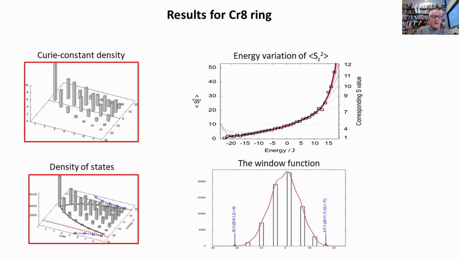Okay, how does this now work for the energy variation of SZ squared? You see, from this system with the ring of 8 chromium ions, the density, the energy level diagram proceeds as this.